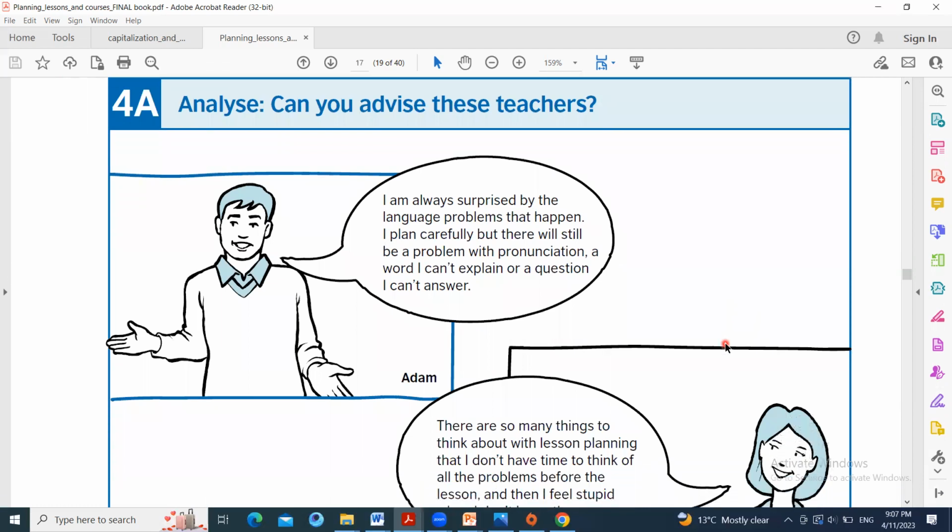You can see the first one, Adam. He said, I am always surprised by the language problems that happen. I plan carefully, but there will still be a problem with pronunciation, a word I can't explain or a question I can't answer.